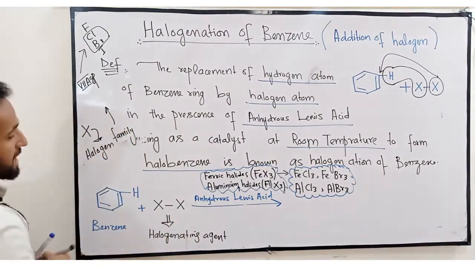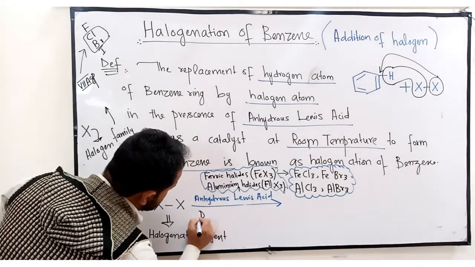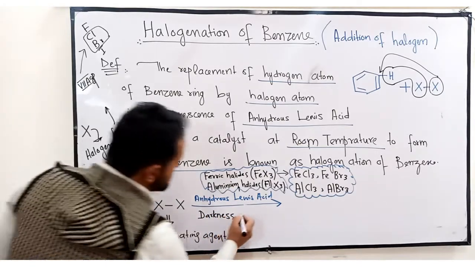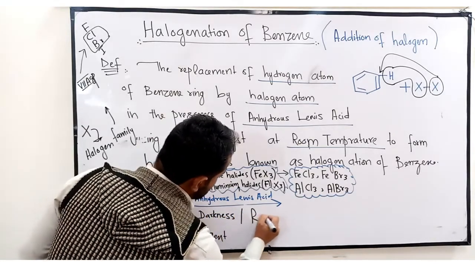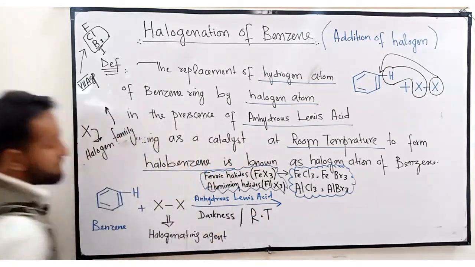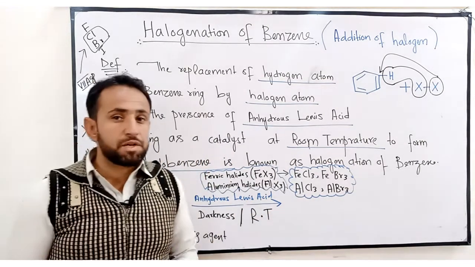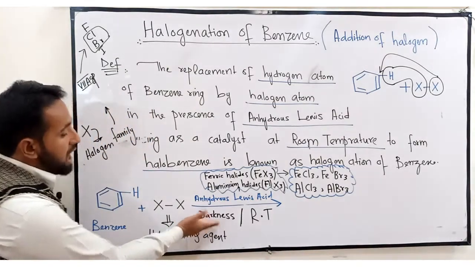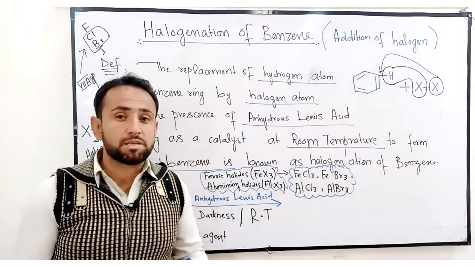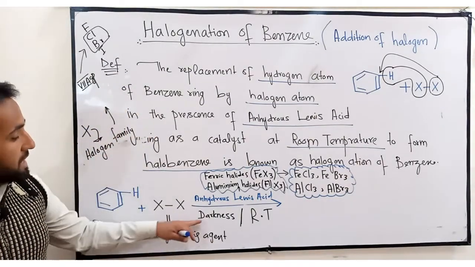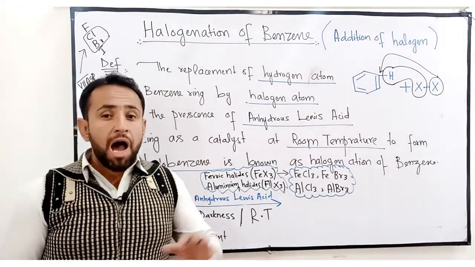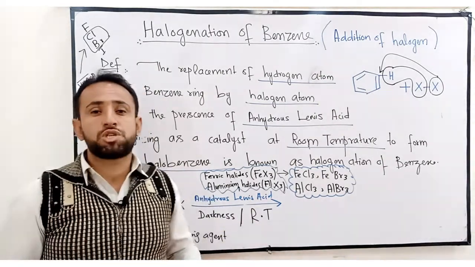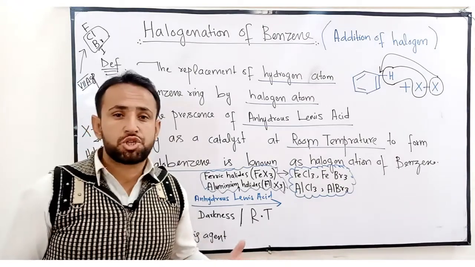Especially, this reaction is carried out in the presence of darkness. The temperature is RT. RT means room temperature. There is no requirement of heating for this reaction, I am telling again, and the reaction is carried out in the presence of darkness. Now, why is this reaction carried out in darkness? If I use ultraviolet light, or if I use high temperature, then what would happen to this reaction? It would be different.